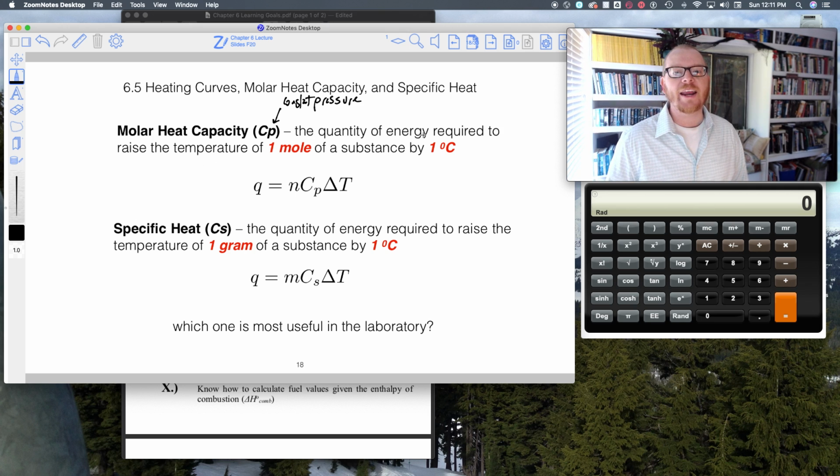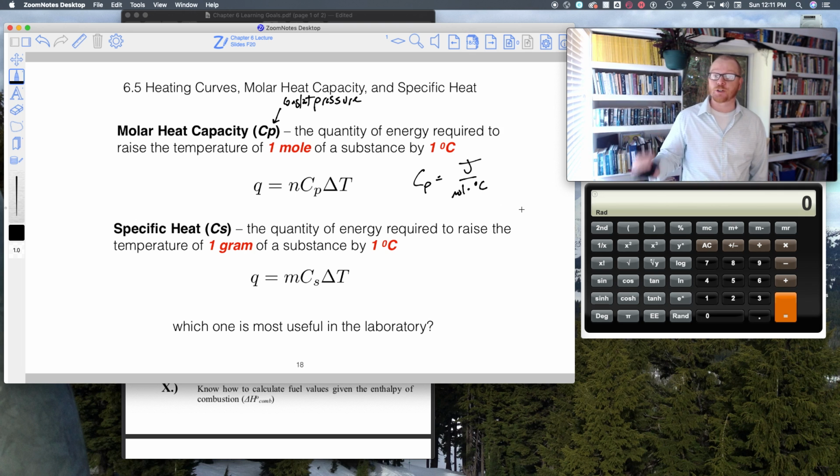So that's the quantity of energy required to raise the temperature of 1 mole of substance by 1 degrees Celsius. Okay? So CP has units of joule per mole per degree C. So that's the unit, joule per mole per degree C.